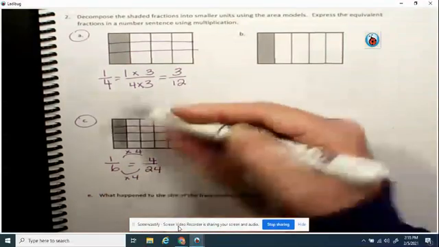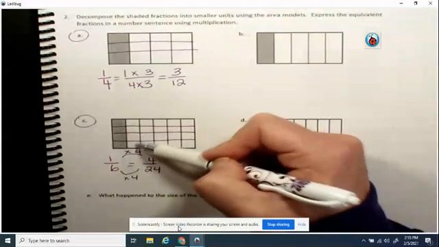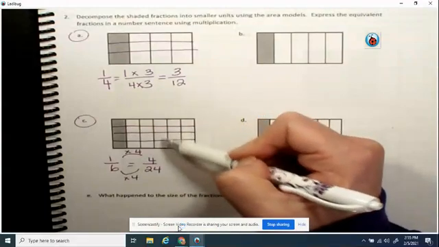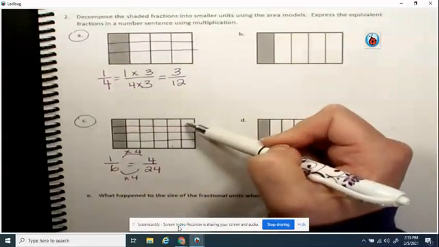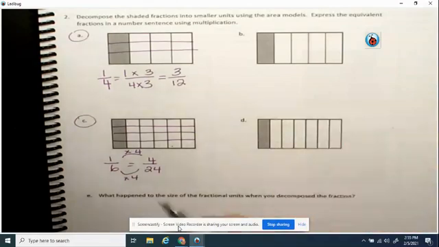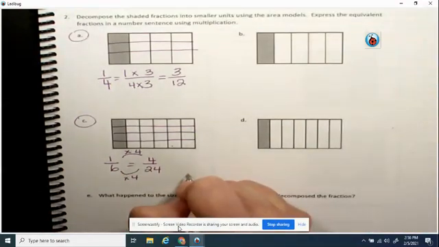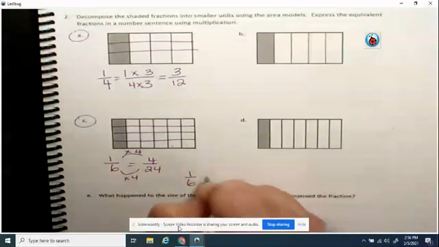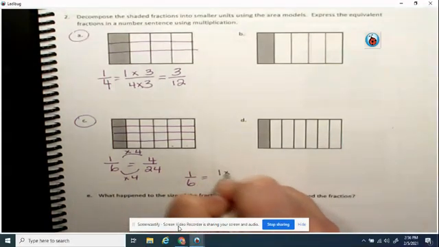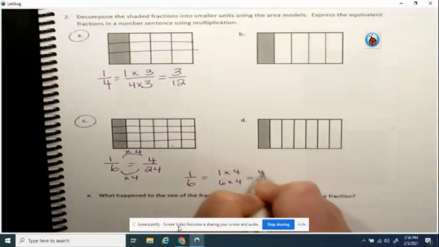If I count these, 1, 2, 3, 4, up to 24. Okay, so 1/6 is equal to 4/24. If I wrote it the way I did up at the top, it would look like this. 1/6 is equal to 1 times 4, 6 times 4, which equals 4/24.